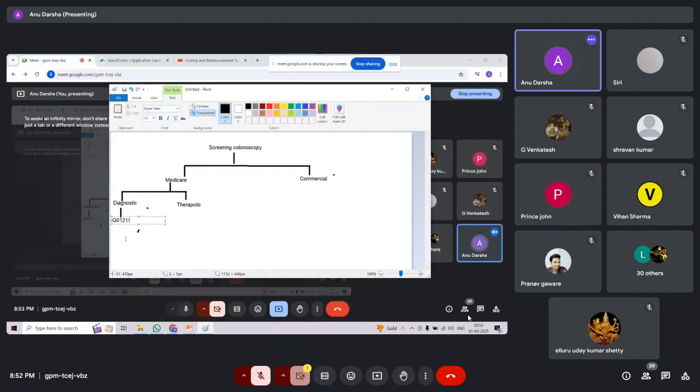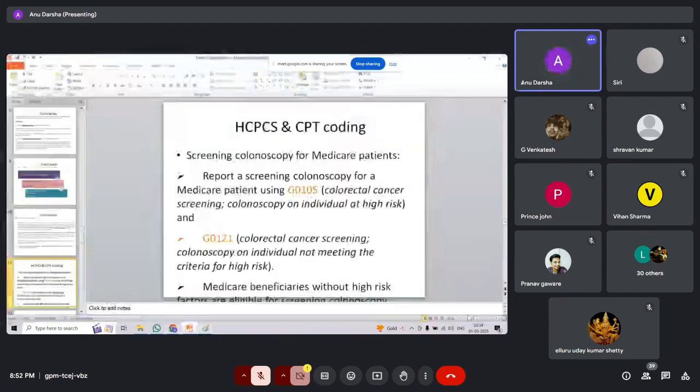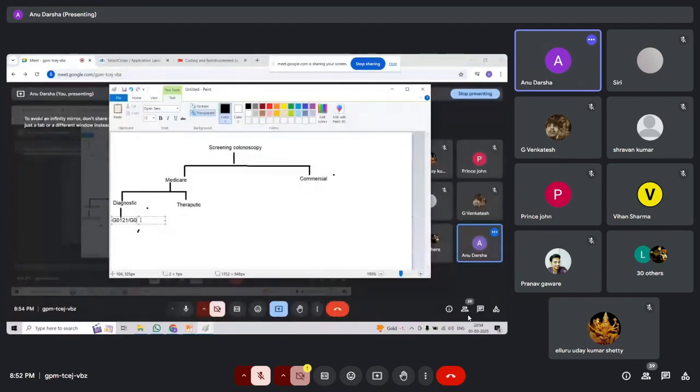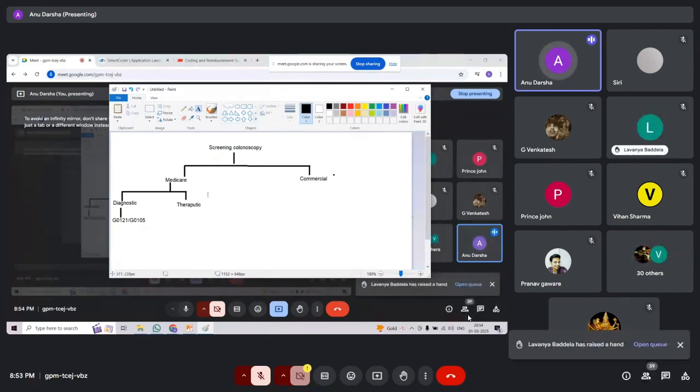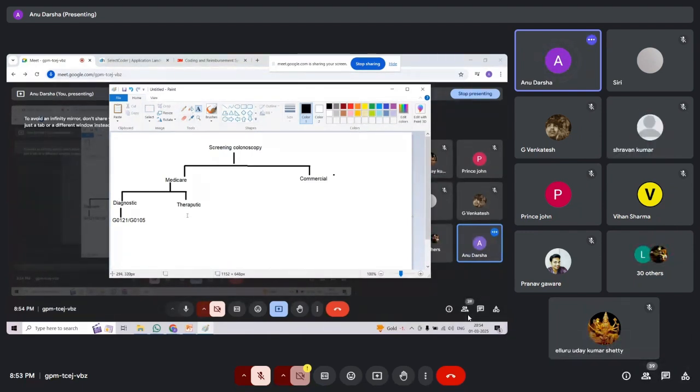G0121 or G0105. Okay, these two HCPCS codes we have based on whether the patient is qualifying for high risk or low risk. You have to use G0121 or G0105. Next, if it is therapeutic, you have to use normal 4 series CPTs here.